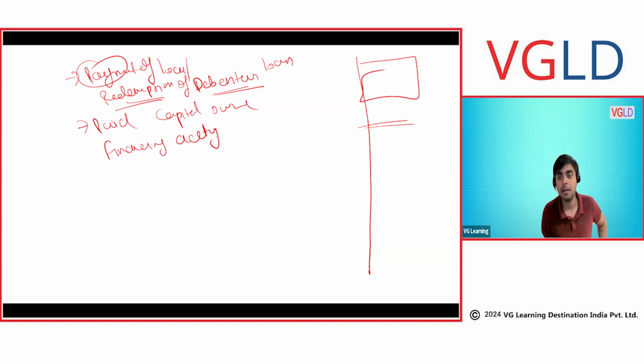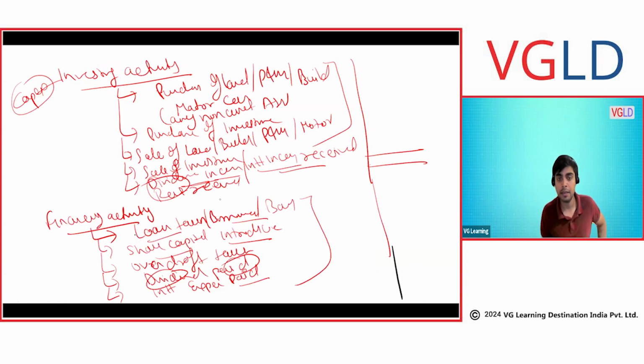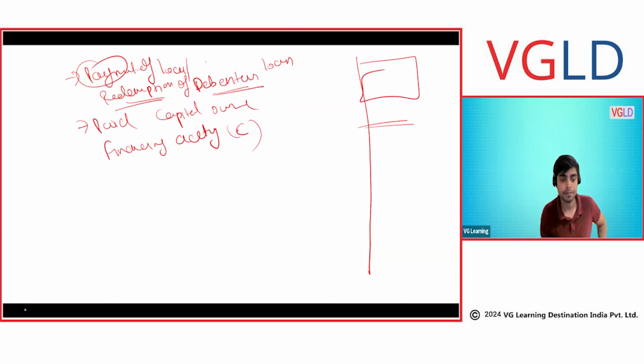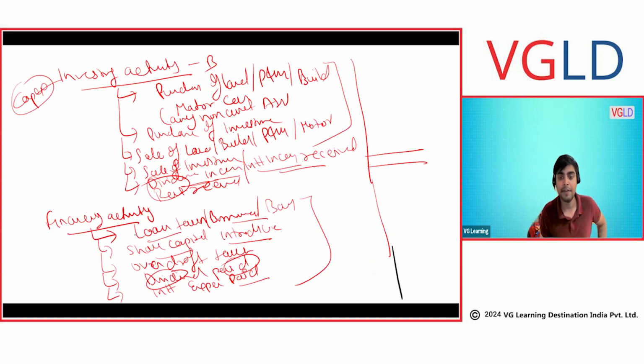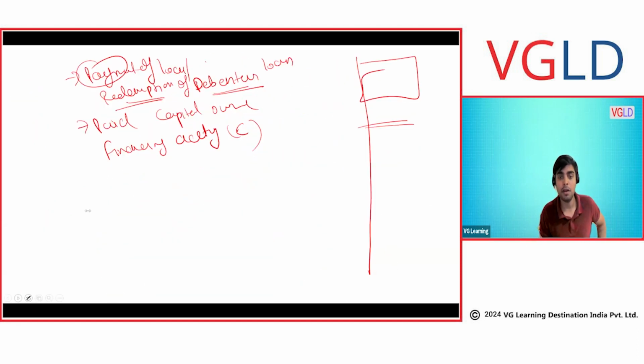Now, finally, we will have the net of activity after making the total. Let's say this is C, financing activity, this is B, investing activity, and finally this is A. If we add up all, we get the net cash movement.